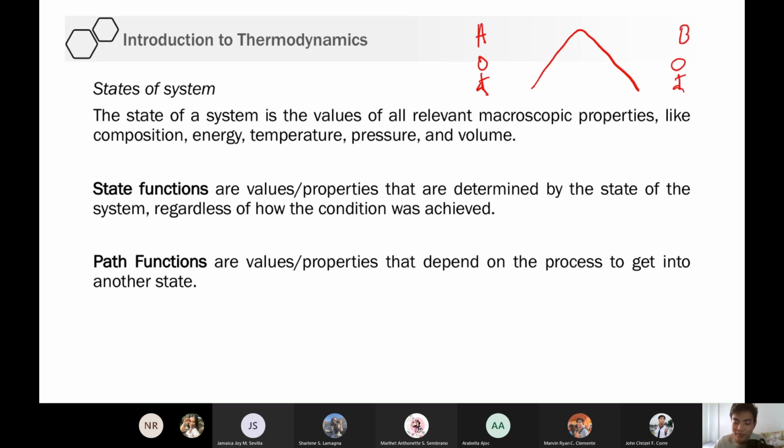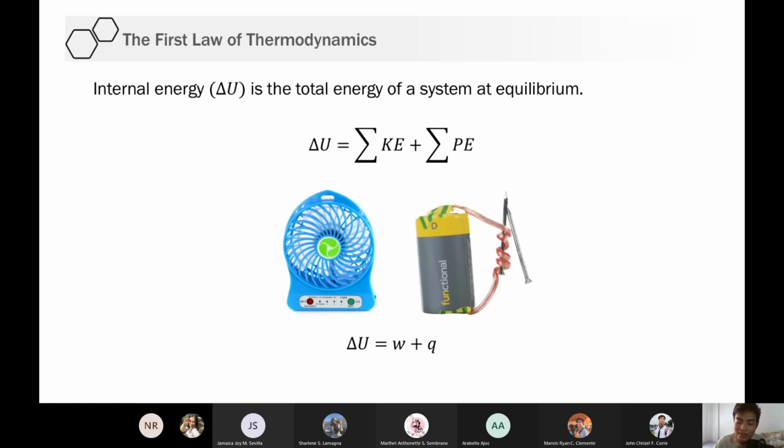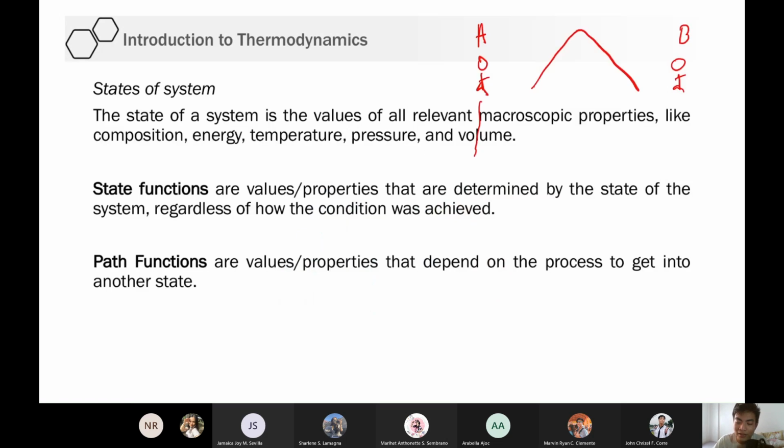A, B. Yung distance niyan, kunwari, LDR kayo, 10 kilometers. Tapos may bundok sa gitna nyo. So, yung displacement, yung difference ng final and initial states, yun yung state function. Yun yung gaano kayo kalayo sa isa't isa.